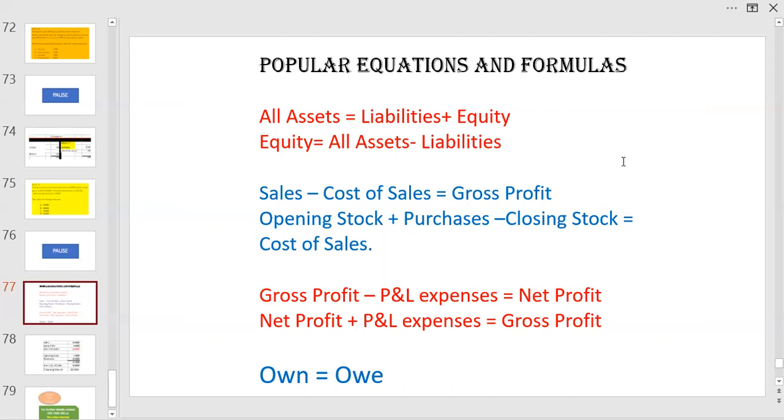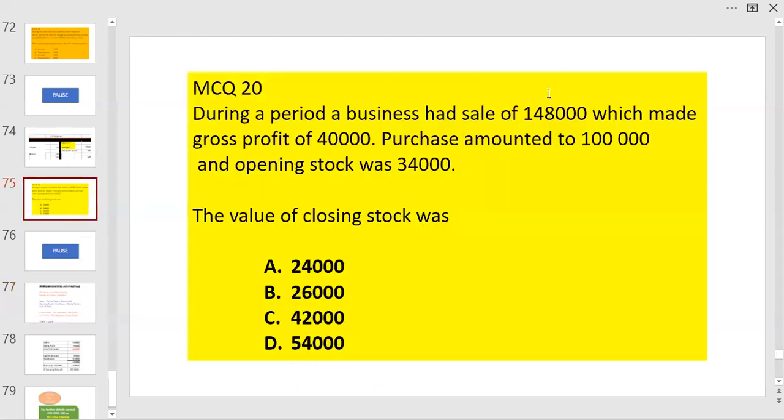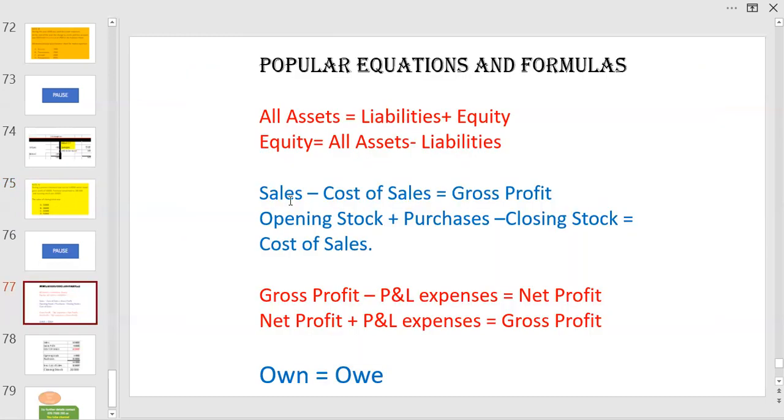It is for our usual real-time Zoom classes, just to explain here. Now, in this sum, we were given the sales figure and the gross profit. So with that, we will have to find out important information so that this formula will be helpful.